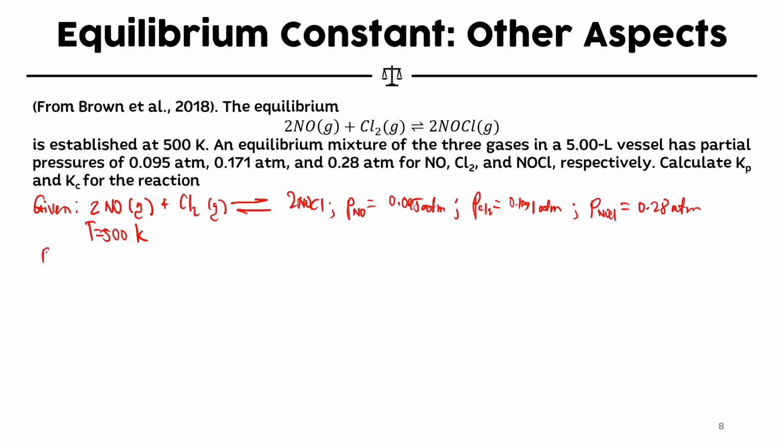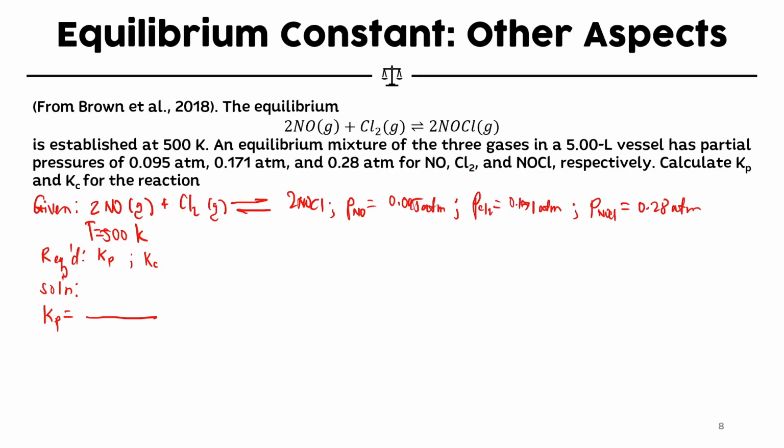So what is required is the equilibrium constants in terms of partial pressure and in terms of concentration. Based on the information given, the one that we can directly solve will be the Kp, so we will do that first. We establish first the expression for our Kp.